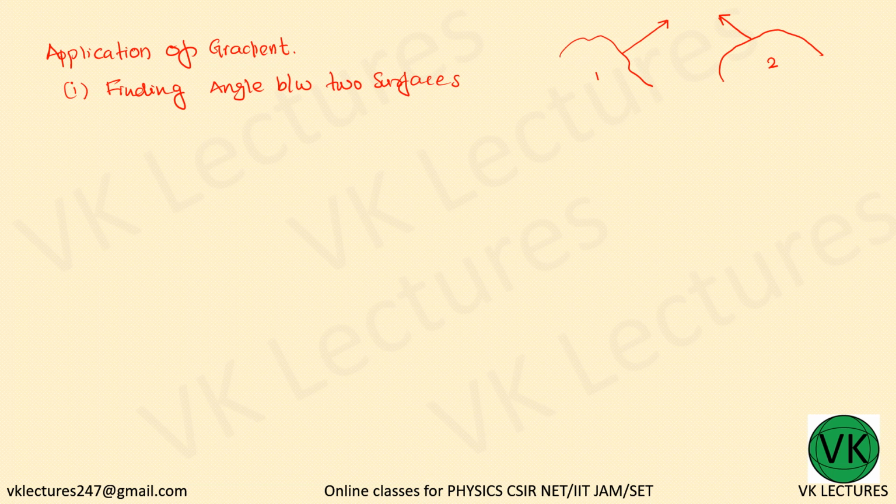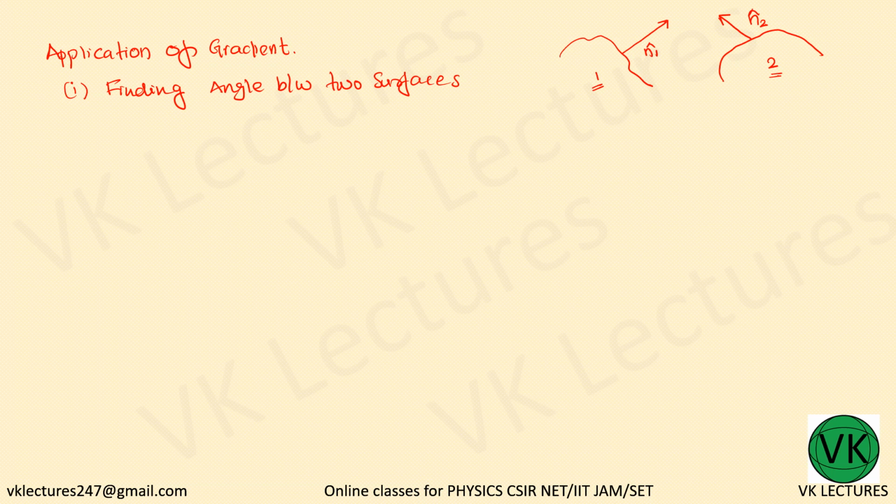So if I want to find out the angle between these two surfaces, how this surface is aligned, I have to find the normal vector n1 cap. Here I have to find the normal vector n2 cap. The angle between the surfaces is equal to the angle between the perpendicular vectors of each, or the normal vector to each. So instead of finding the angle between the surfaces, it is better to find the angle between their normals.